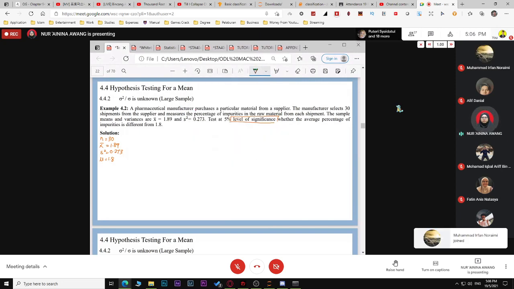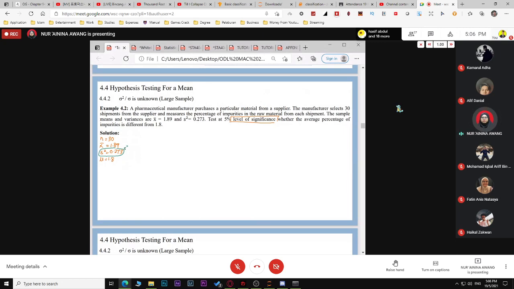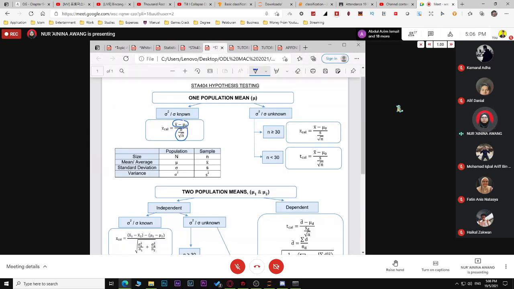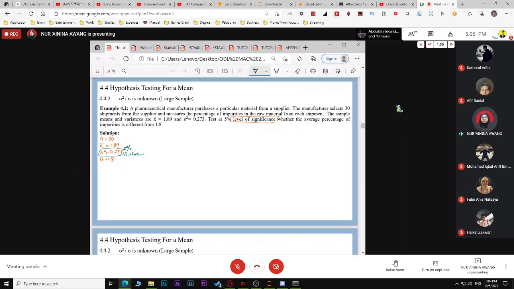Since the case is for the variance of the sample, we know this is the case where the variance or standard deviation for the population is unknown. When unknown, we have two cases: either more than or equal to 30, or less than 30. In this case, n is equal to 30, so the case is large sample.